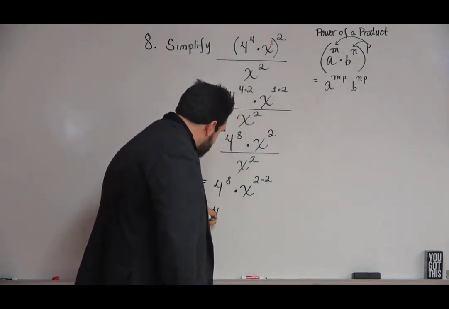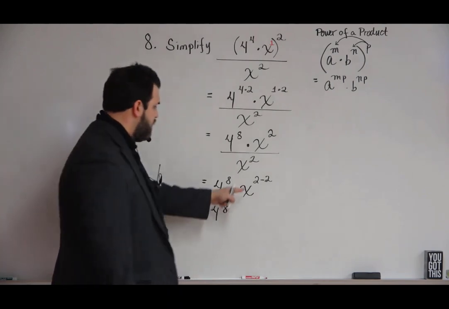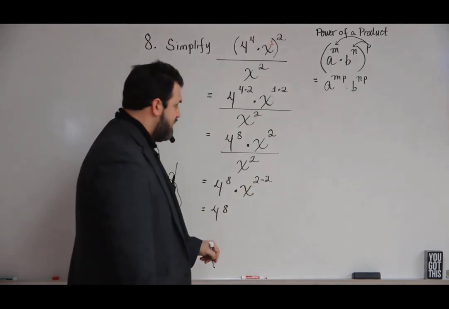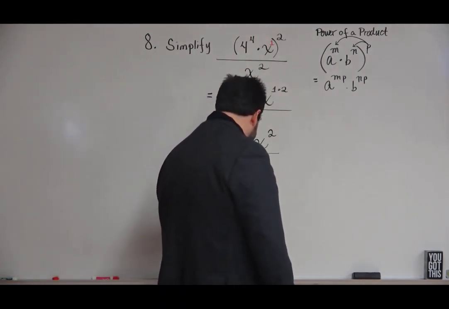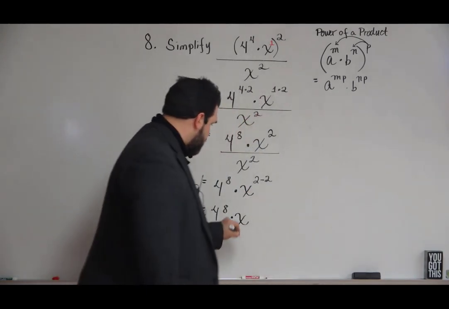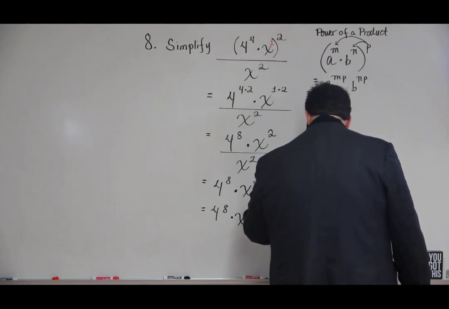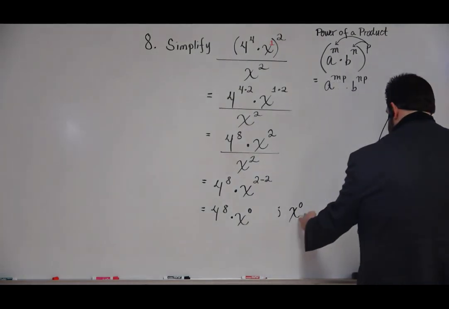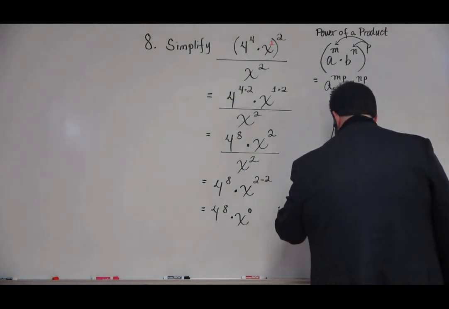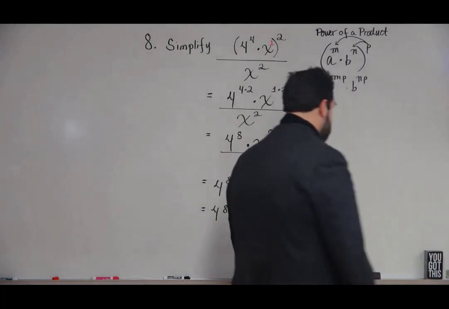So let's do a new line. We have 4 to the 8th power. We need to simplify this. 4 to the 8th power times x to the 2 minus 2 is 0, x to the 0 power. And we know, ladies and gentlemen, that the 0 exponent rule states that x to the 0 is just another way of saying 1.